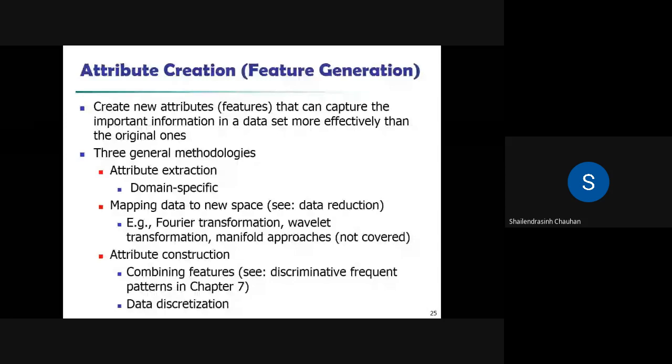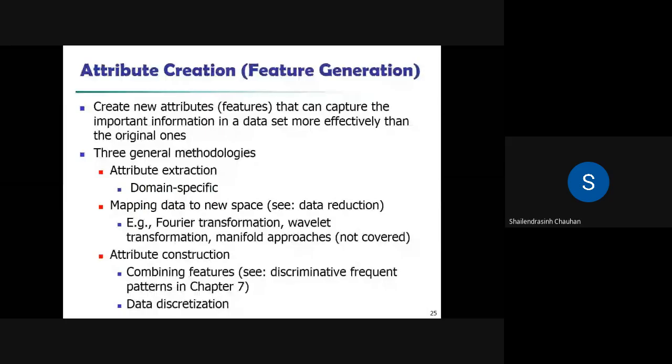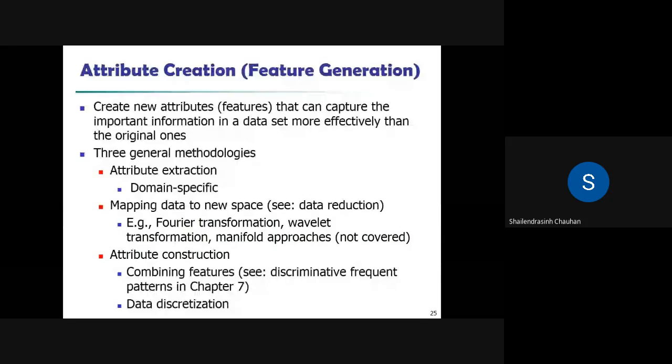Fine, and 3 general methods are there for attribute generation or creation or feature generation. First, attribute extraction. Here, you're going to create attributes based on domain. Second, mapping data to new space.